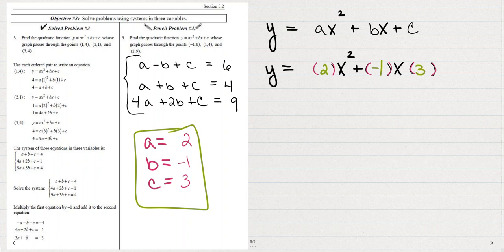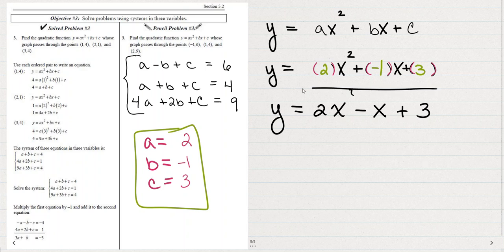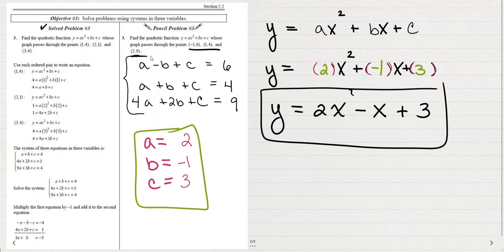In place of c, I'll put the 3, and then I've got y equals 2x squared minus x plus, oh, looks like I left the plus off here, plus 3. And that's our function. We've answered the question: the quadratic function whose graph passes through these 3 points is given.